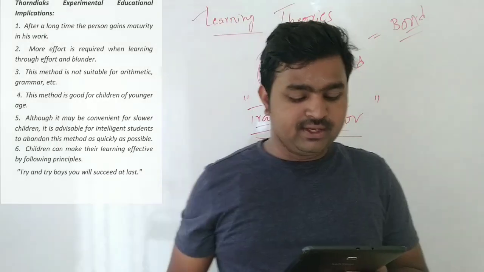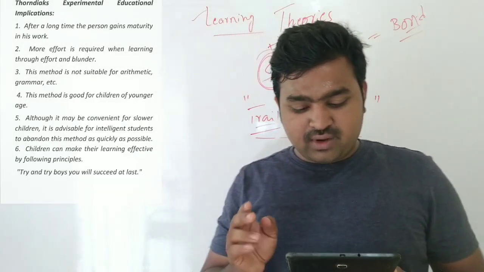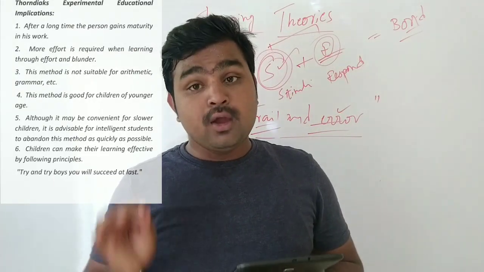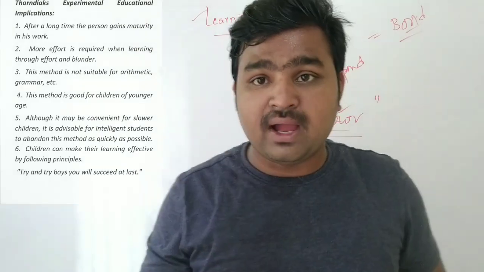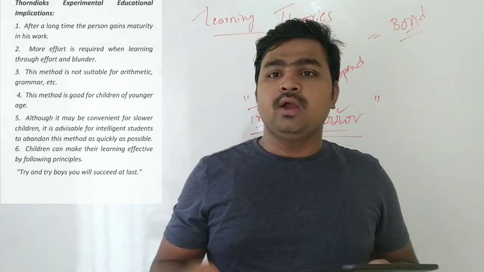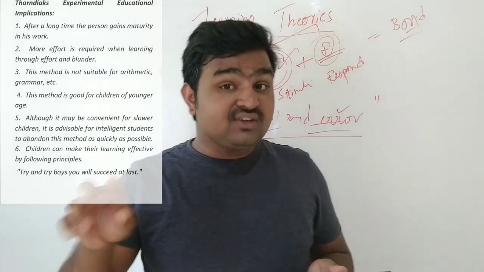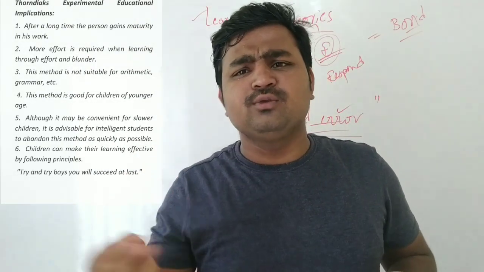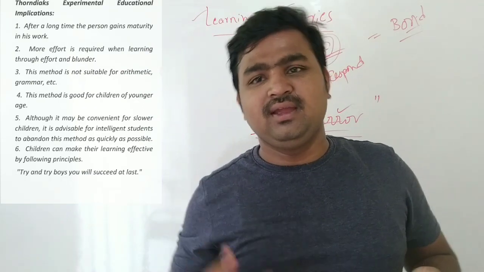Clear? The next one is that more effort is required when learning through effort and blunder. See what they are saying: more effort is required when we learn through effort and blunder. Let's understand what a blunder is. A blunder is not useful, no work.